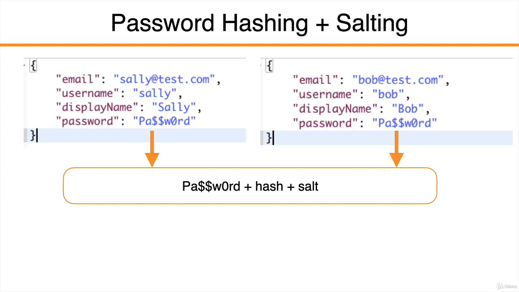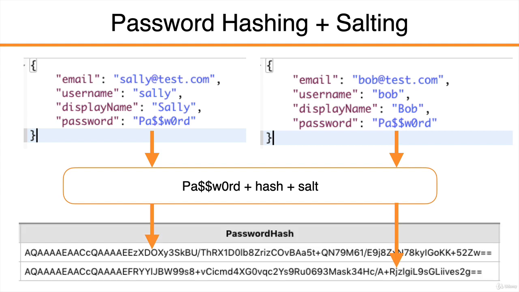And when we store the password in our database, it's going to be a hashed version that's been salted many times. So even though the passwords are identical, in our database the hash is going to be completely different. There's no way for an attacker to know that these two passwords are identical.